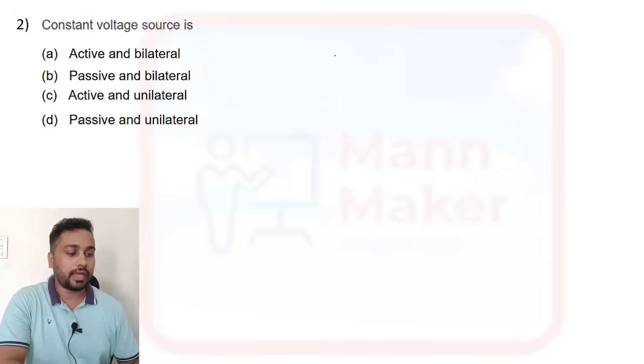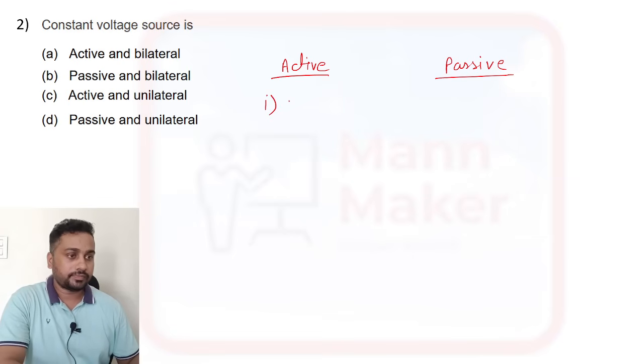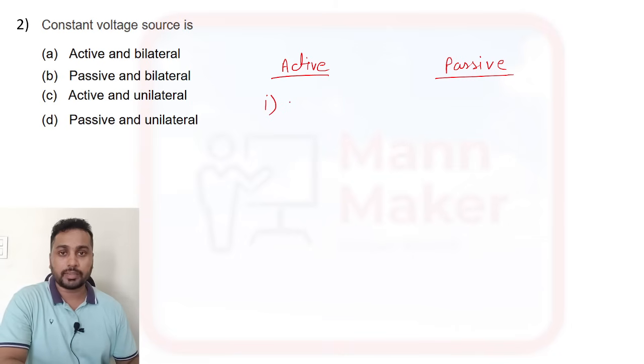Basically we have active elements and passive elements in electronic devices. Active elements, like a power supply, supply energy.